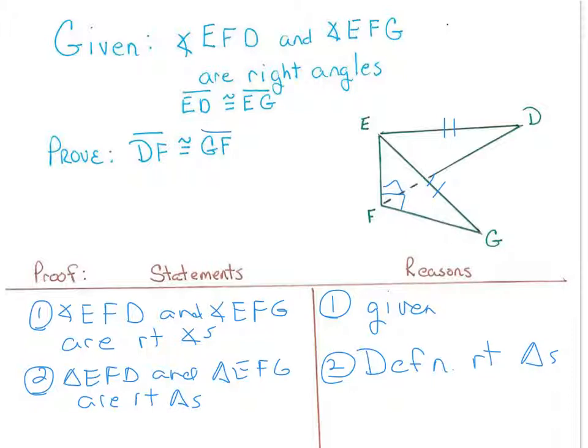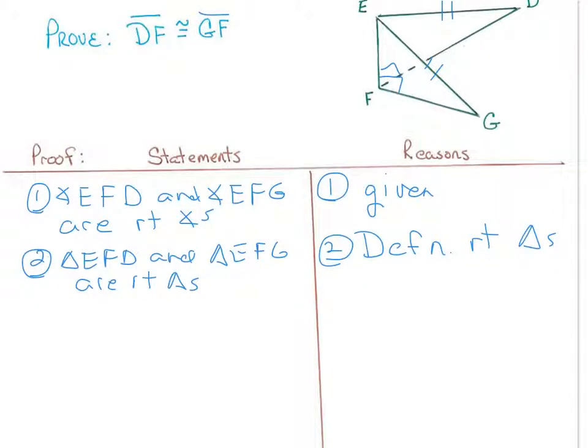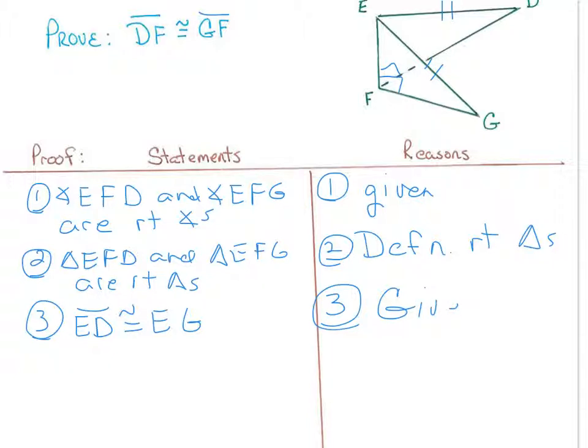All right, we're given some more information. I know something about an angle. I'm given some more information about some sides. We're told that side ED is congruent to side EG. And that's given. Okay, in that right triangle, what's another name for side EG and side ED?